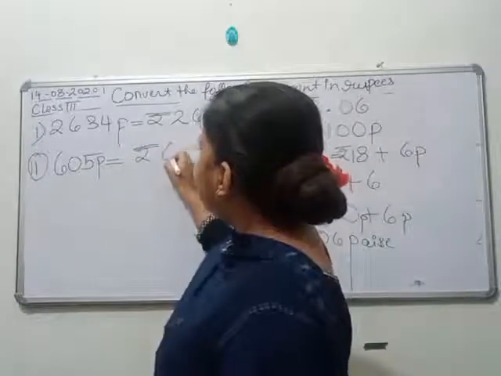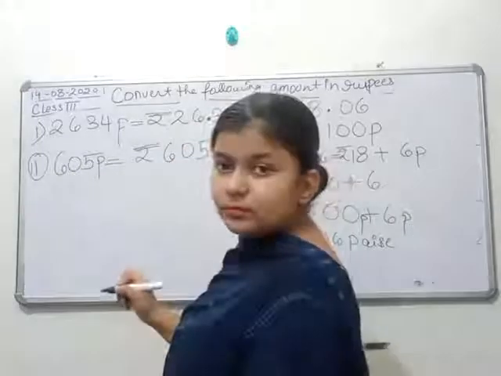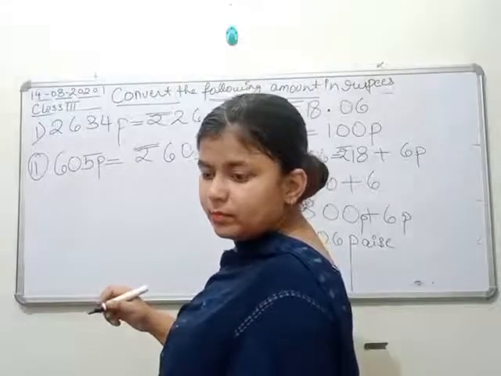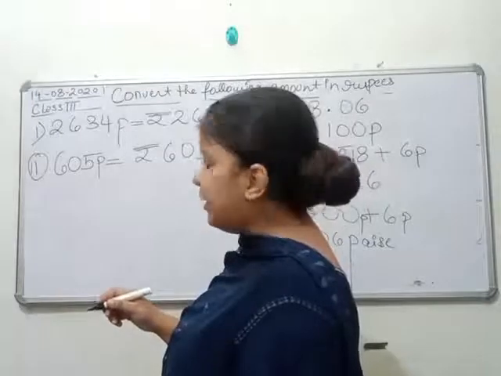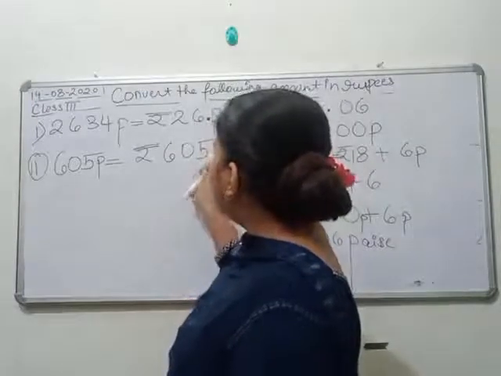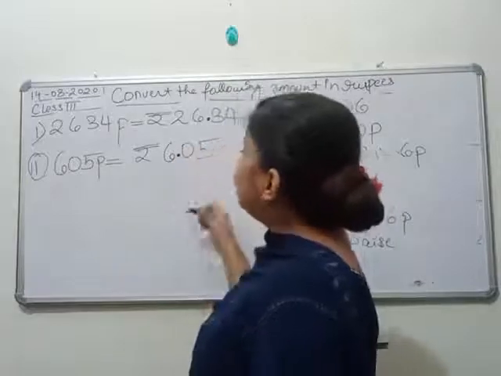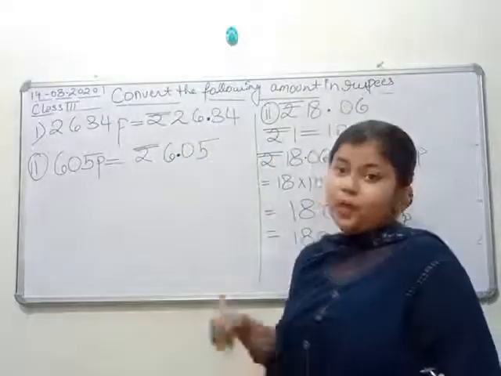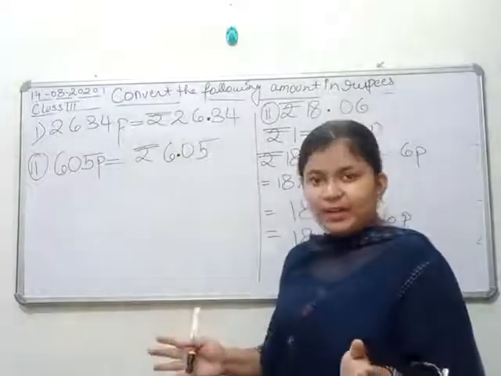Then we will write 605. Now 2 places from right we will make a point. So now our answer is 6 rupees and 5 paise.